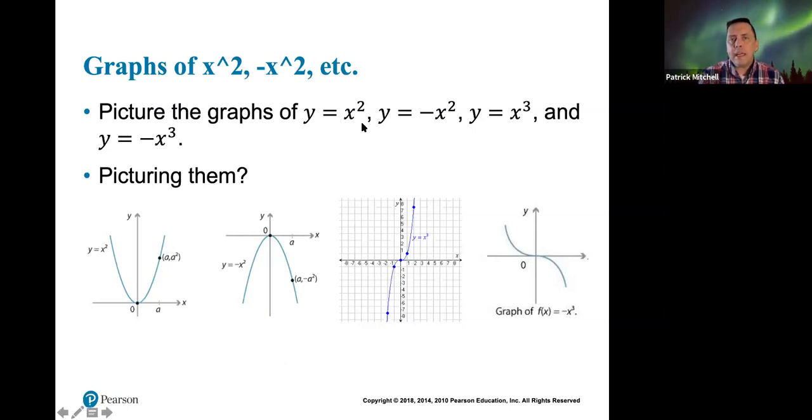And furthermore, its leading coefficient is 1, and the important thing about that is that it's positive.